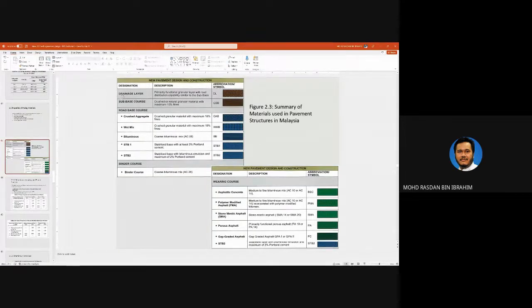So this is the material used for the design. You can see for the drainage layer here, this is the code, the abbreviation, and this is the symbol. Primarily function granular layers with load distribution capability similar to subbase. And then you have this subbase.